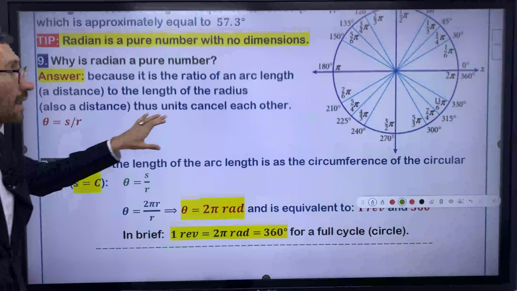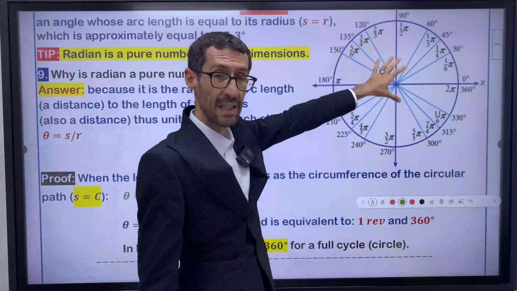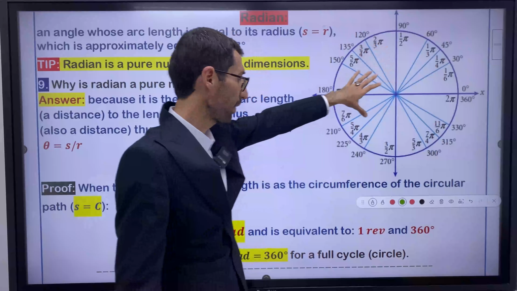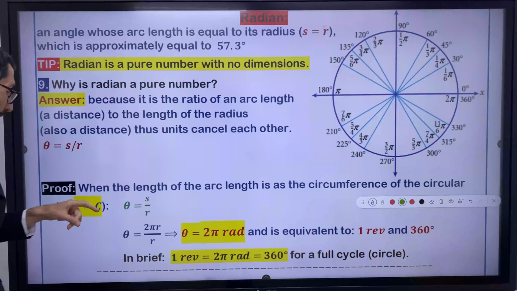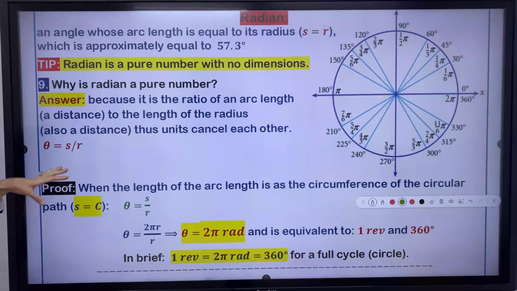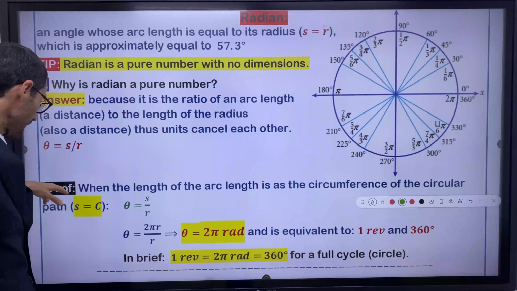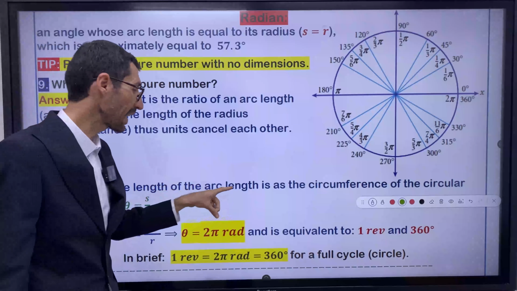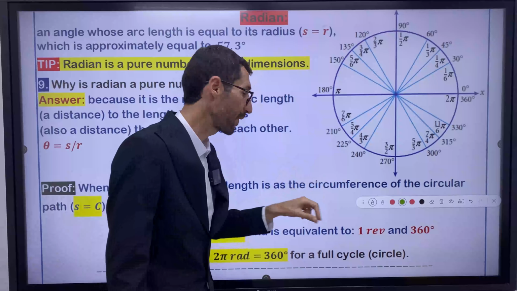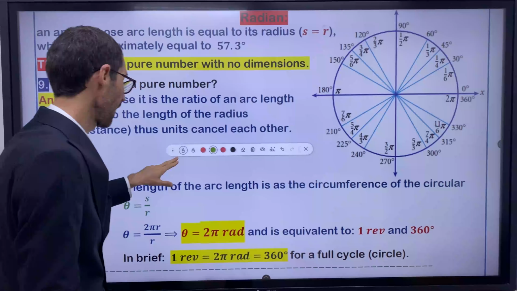The proof has to do with this graph. We need this graph, that's why I want it in front of you. It says, when the arc length is as the circumference, so we have a proof here.